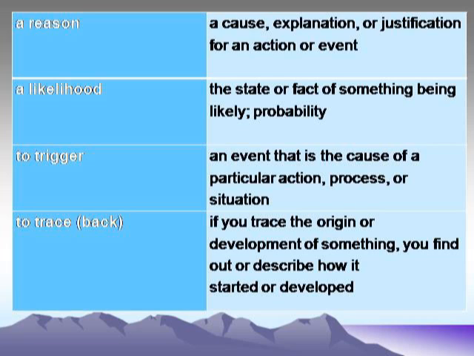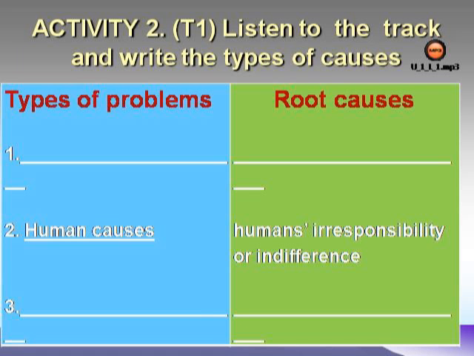A trigger is an event that is the cause of a particular action, process, or situation. To trace back: if you trace the origin or development of something, you find out or describe how it started or developed. Now, we'll do activity 2.